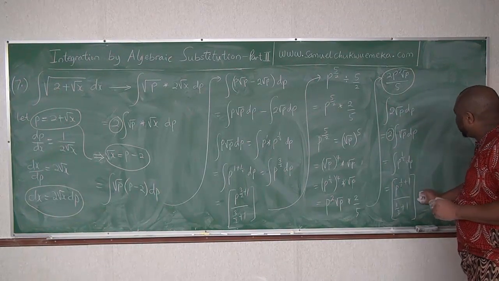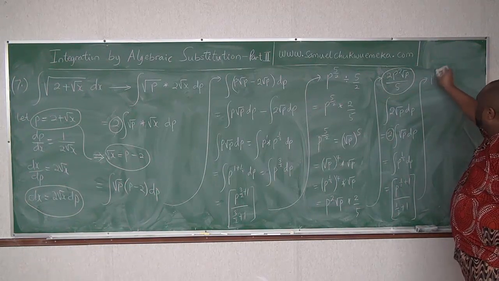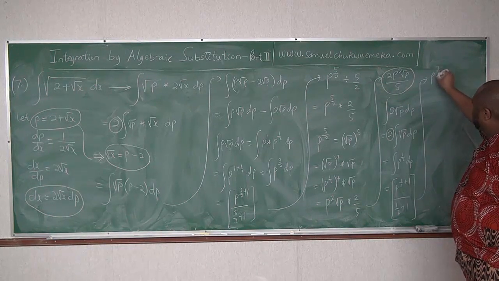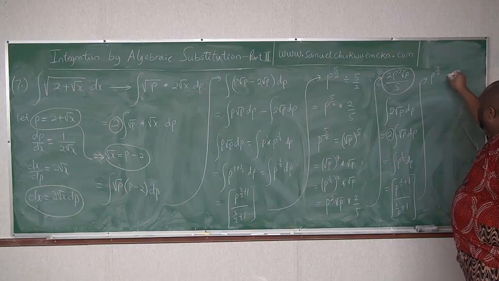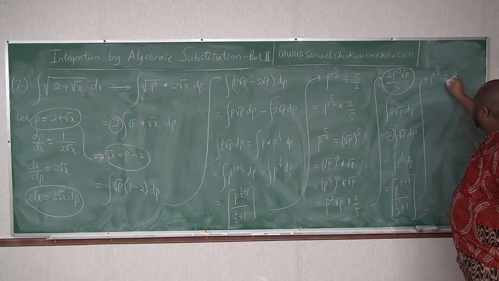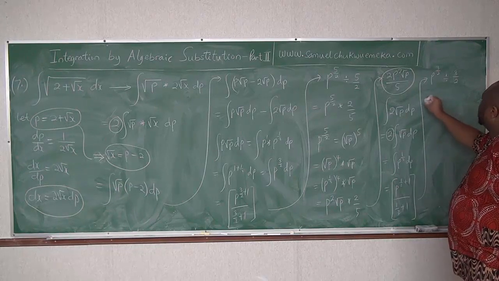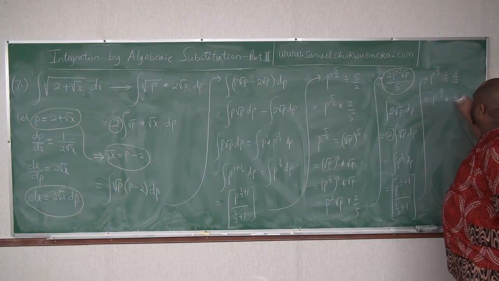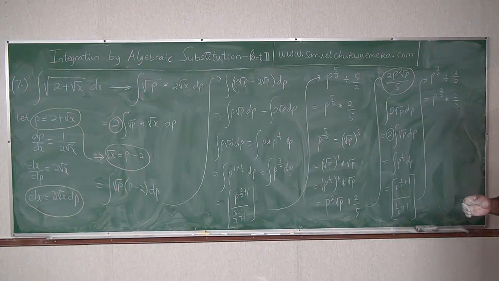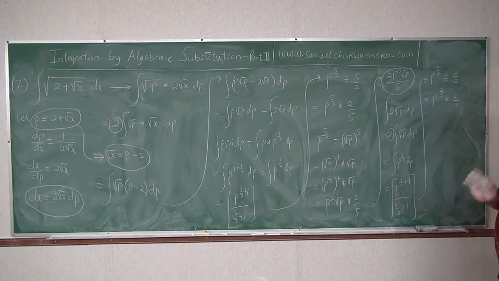Okay? So this gives us p exponent 3 over 2 divided by 3 over 2. So this will give us p exponent 3 over 2 times 2 over 3. Let us simplify p exponent 3 over 2.